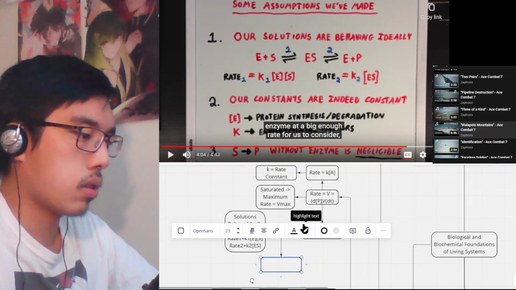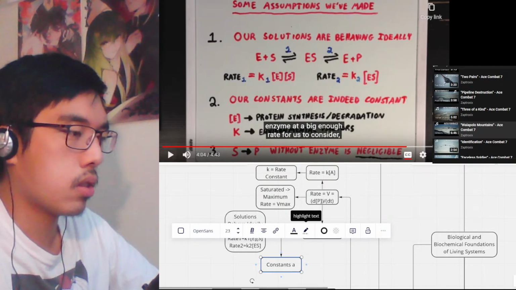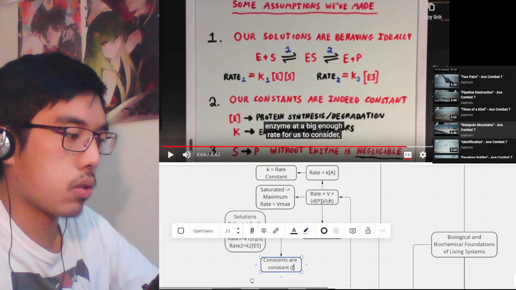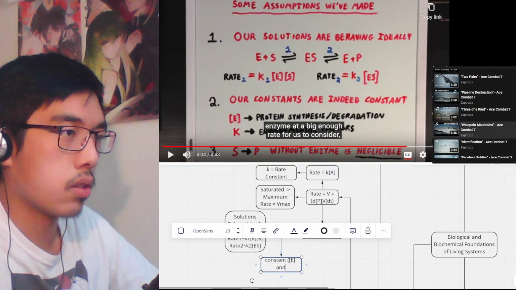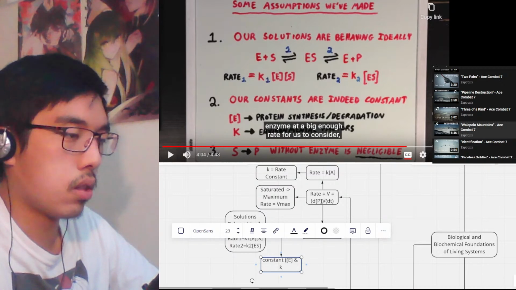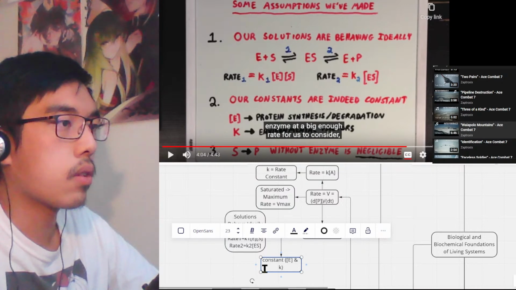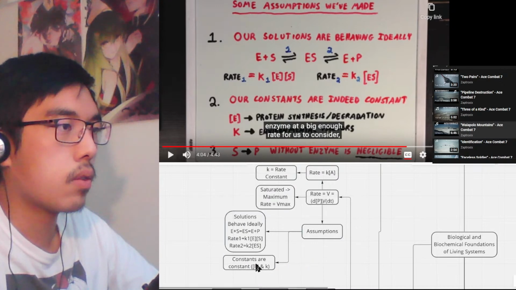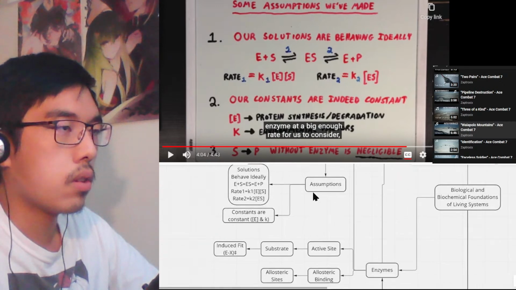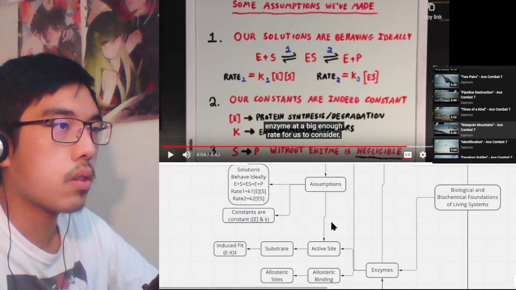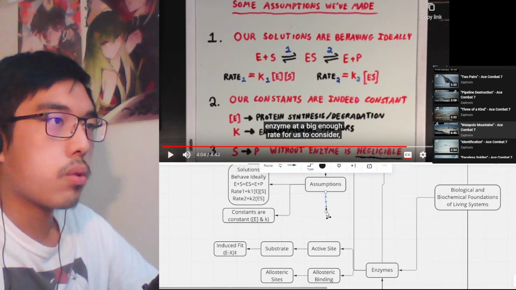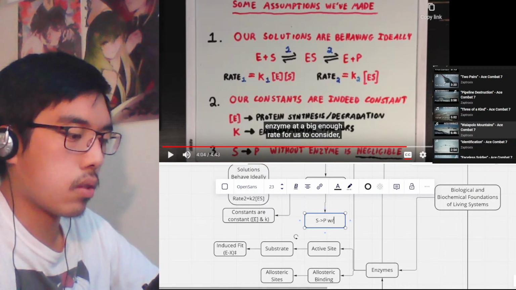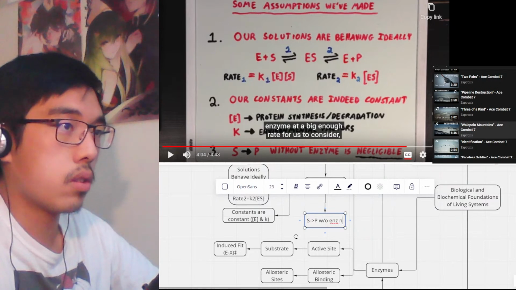Constants are constant, in regards to concentration of enzyme. And SP without enzyme ends. Negligible.